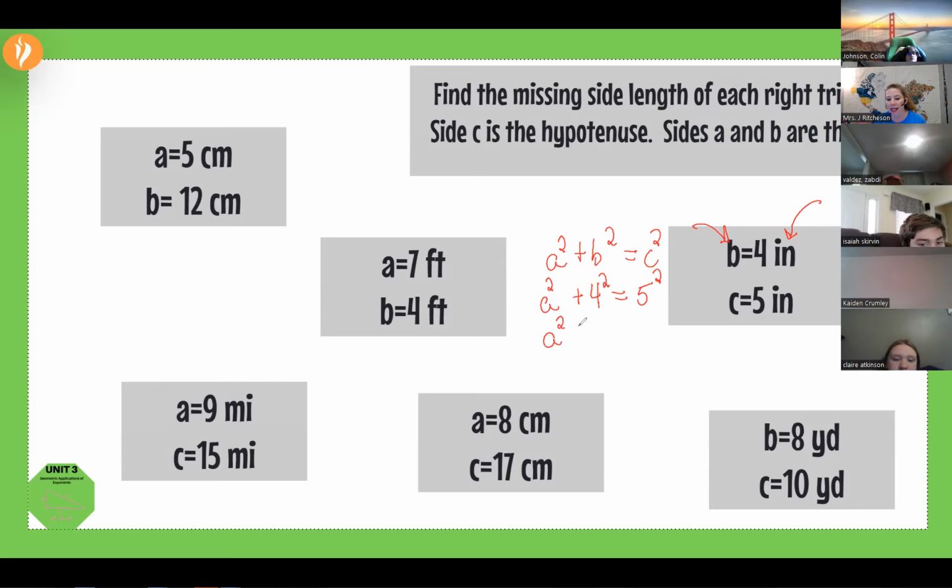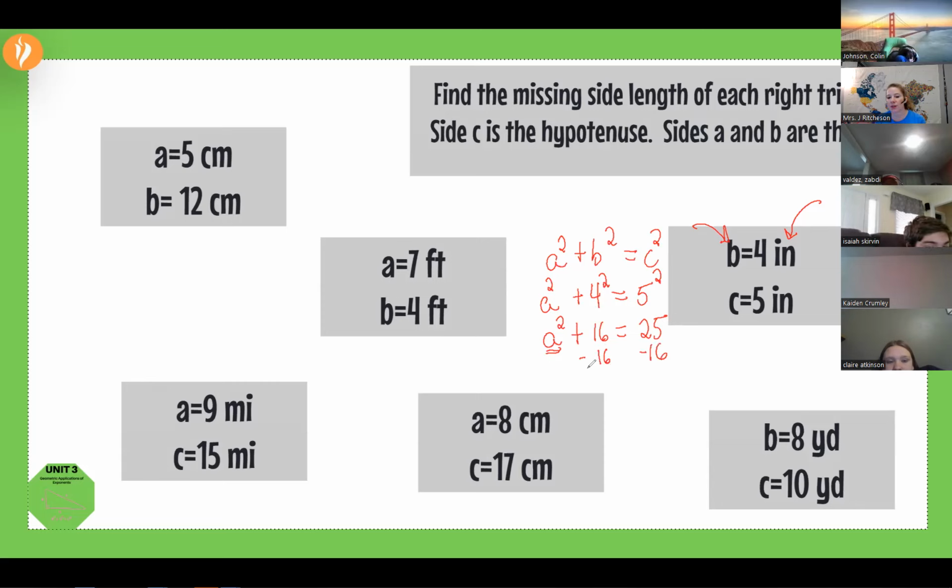Well, we can't do anything to A. We can square 4 and we can square 5. So far, so good? Okay, so now how do we get A by itself? Well, the first thing we did last week, we subtract 16, but we do it for both sides. You got it, Colin. Perfect answer.